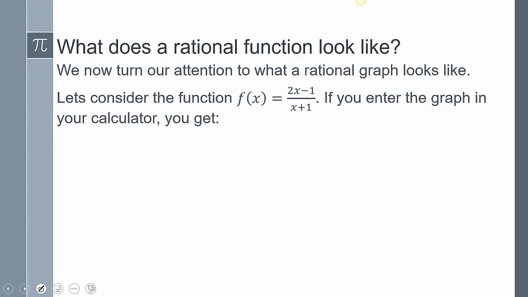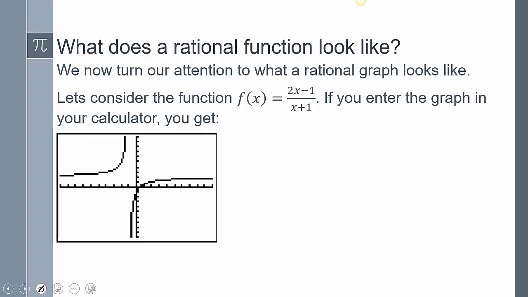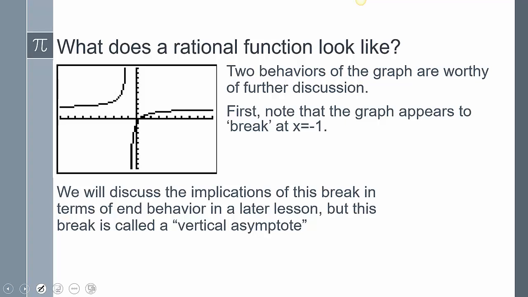If I take this 2x minus 1 over x plus 1 and put that into a graph, it looks something like this. Now, a few things to note here is we have this break in our function here, and that's at -1. Well, that happens to be where that domain restriction seems to be, right?